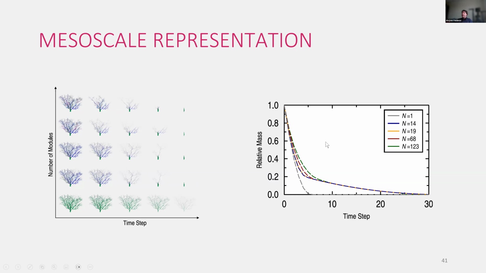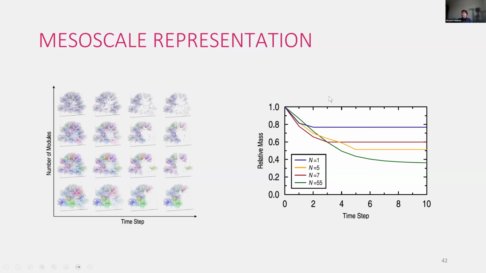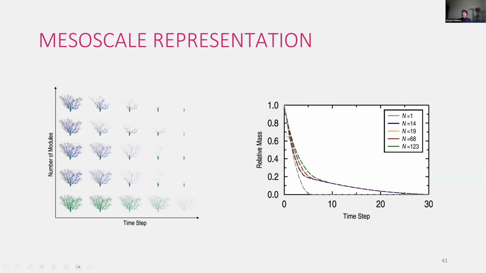And here we have graphs which describe the relative mass over time. The green simulation represents the most accurate representation in terms of number of modules. So here we would expect a more detailed description of the combustion. And we can see that with one module, this diverges quite a bit.